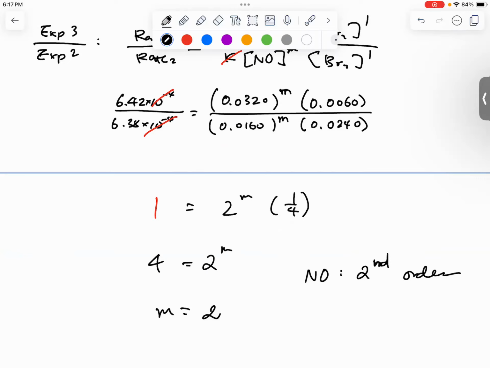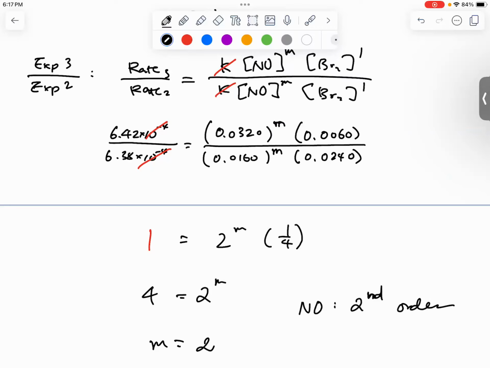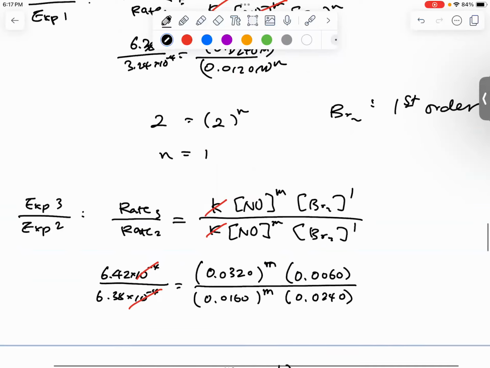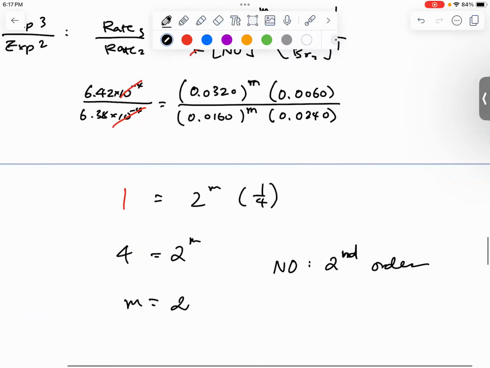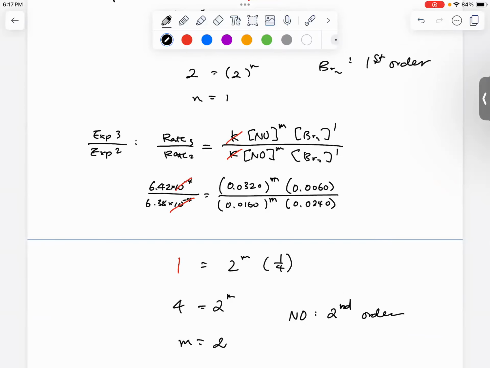They did not ask for the overall order. The question says determine the order of the reaction with respect to each reactant. So you would say the order with respect to Br2 is first order, and with respect to NO is second order. Show your work, that's all the work you have to show.